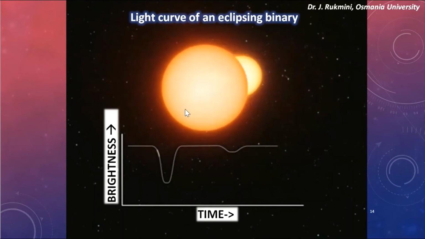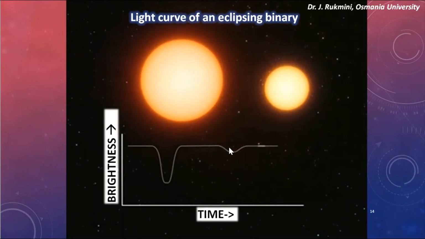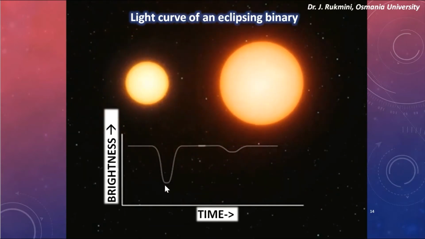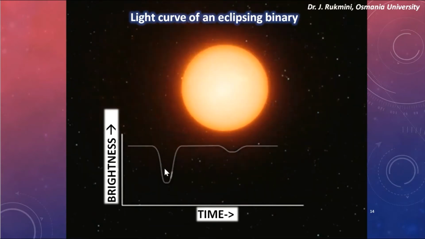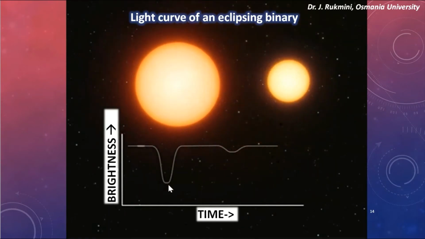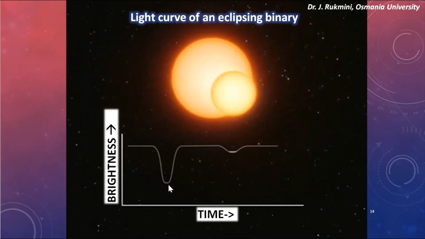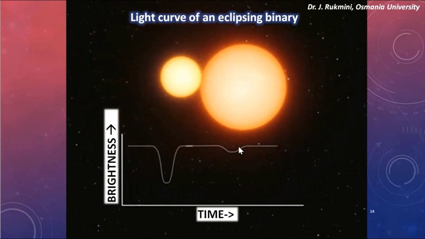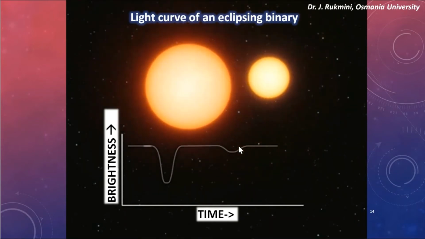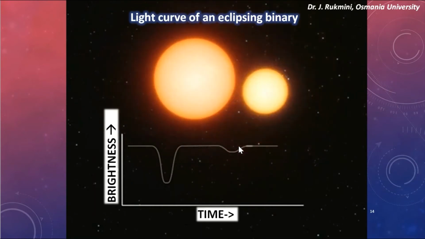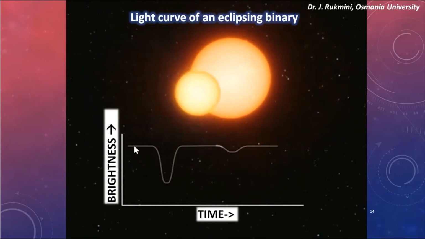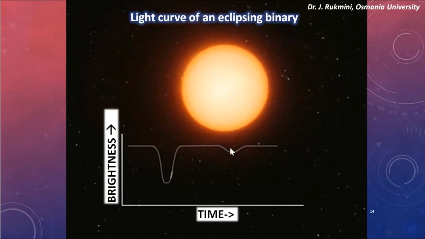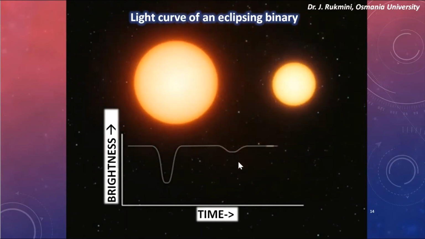When the fainter star is eclipsed, you have a smaller dip. A longer dip in the brightness is known as primary minima. A shorter dip in the brightness is known as secondary minima. So a typical light curve will have maxima separated by primary minima and secondary minima periodically.